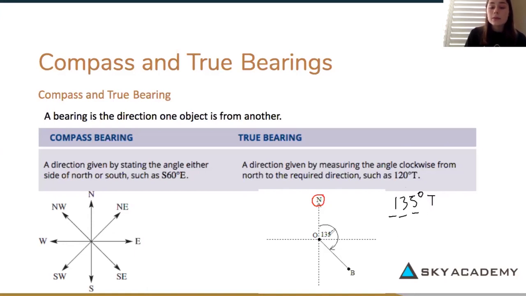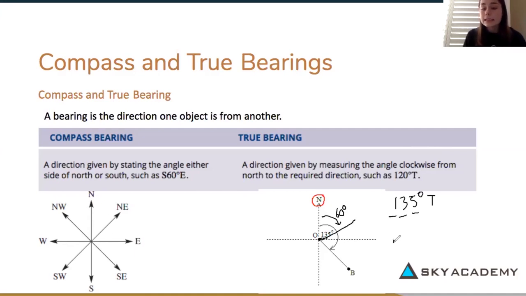Now, if I was to draw this line, let's say here, and indicate that that was 60 degrees, and I have to write a true bearing for that, I have to remember that a true bearing has 3 numerical places.